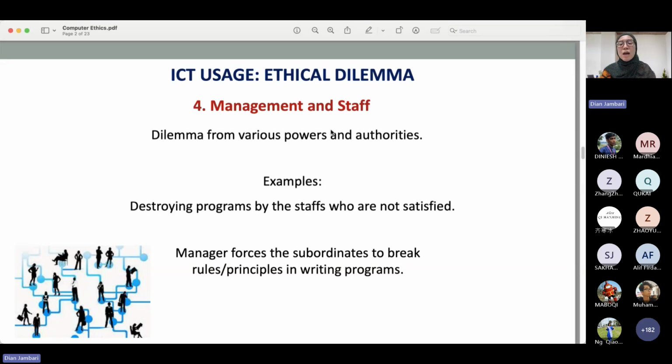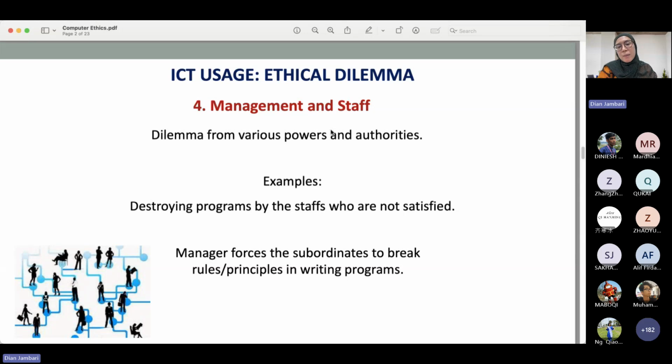And then you use the ICT to, not you, but probably the colleague that has a problem with you, has decided to punish you by destroying, using ICT to destroy what you have done, just to get back at you, right?